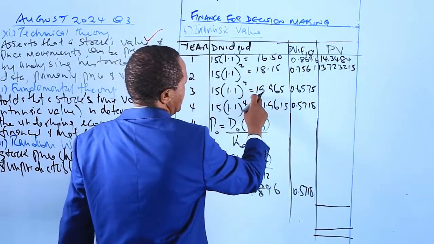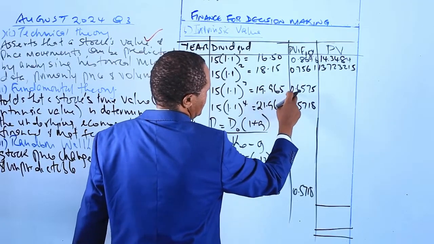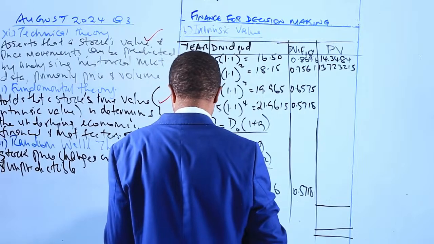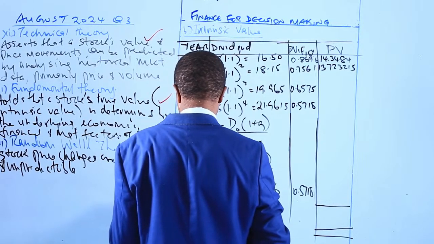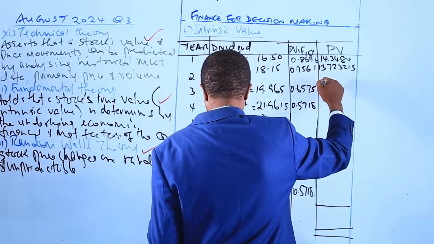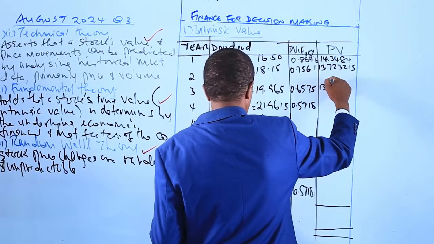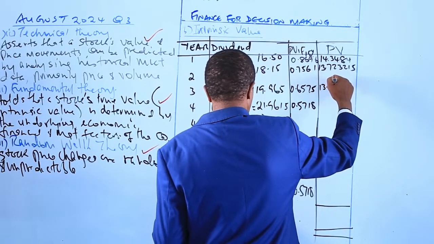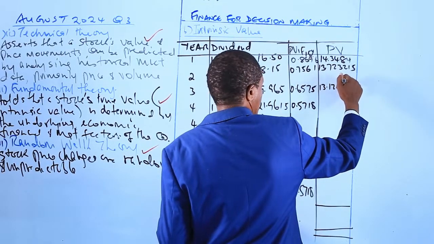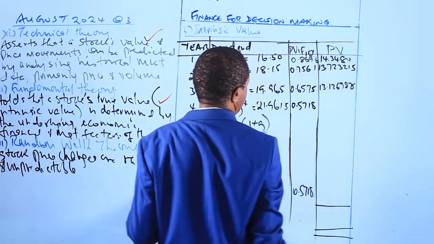Next we have 19.965 times 0.6575. This will be equal to 13.129875.